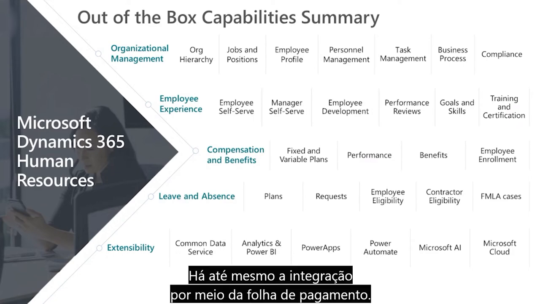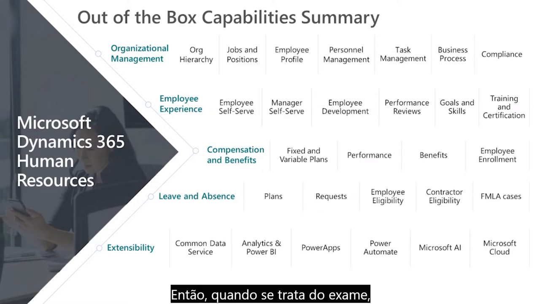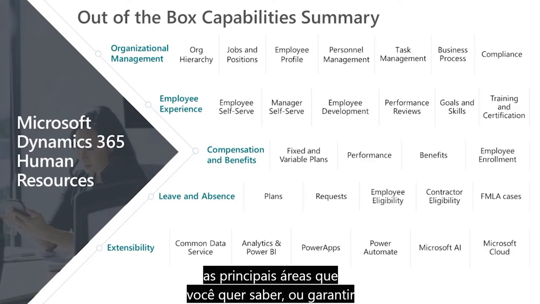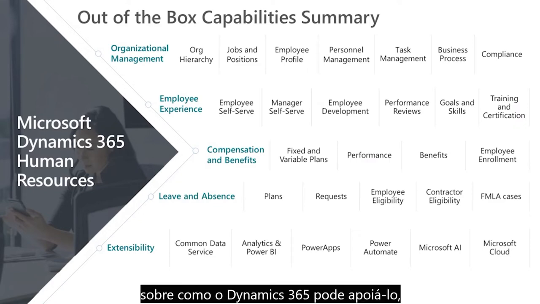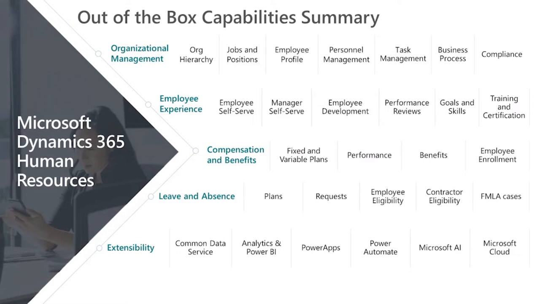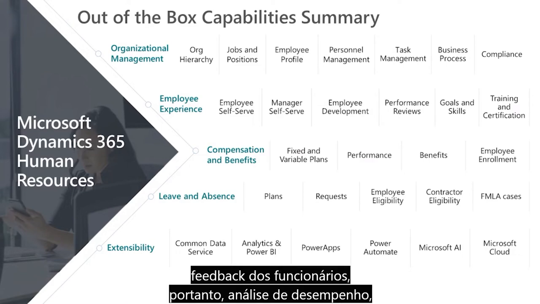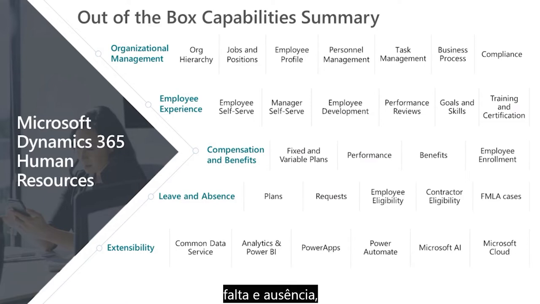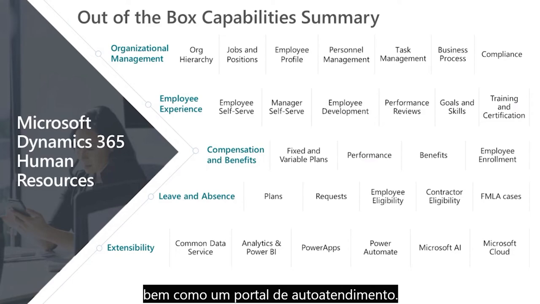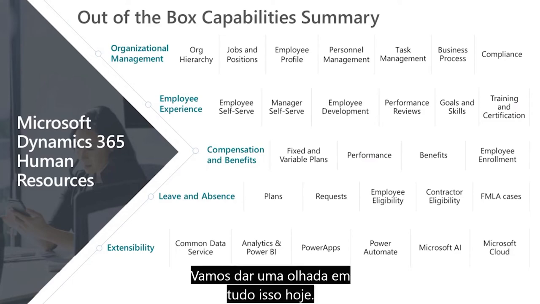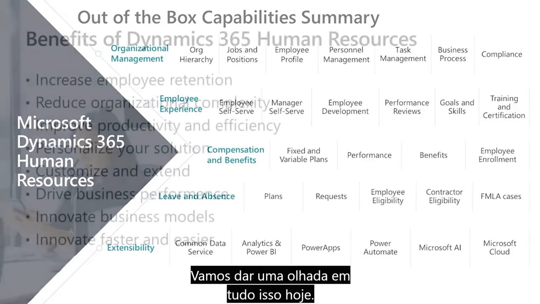There's even integration through payroll. So when it comes to the exam, the main areas that you'll want to make sure you have an understanding of, in terms of how Dynamics 365 can support you, are organizational management, employee feedback, so performance review, compensation and benefits, leave and absence, as well as the self-service portal. And we'll take a look at all of that today.